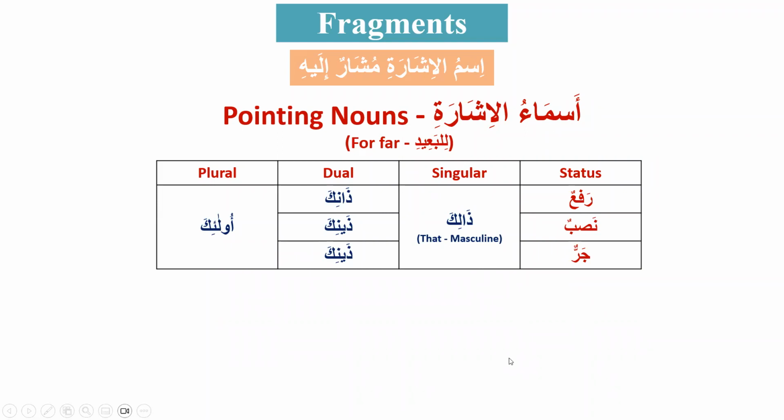Okay, so this was for masculine. If you're pointing to someone masculine, then you use words in this table. And similarly, Zalika never changes. Rafa nasab jar. And they are all proper nouns. Okay. Feminine. For pointing at something feminine, which is far. Brother Hamid, I think he would know.